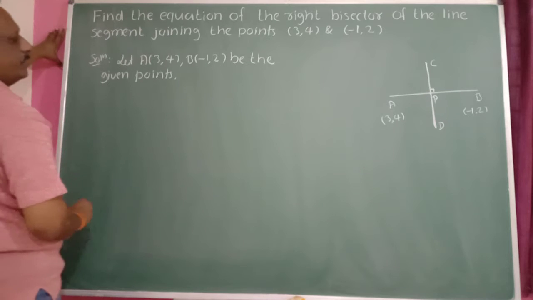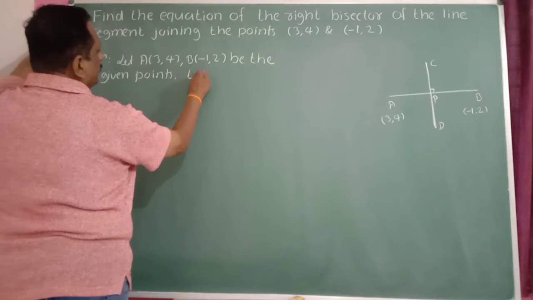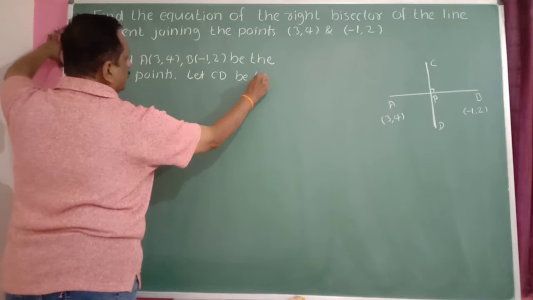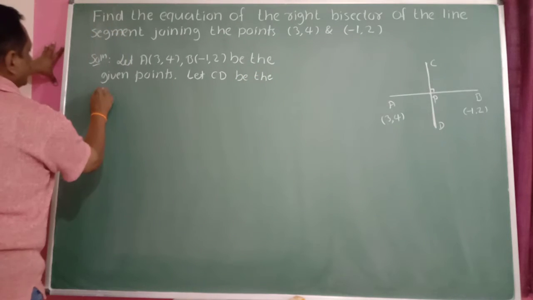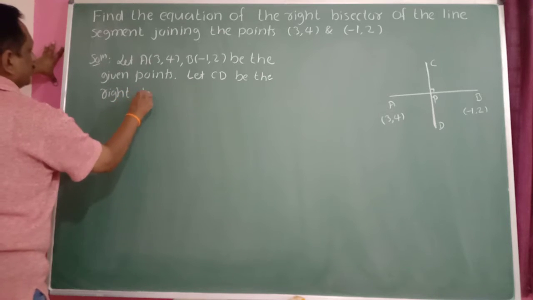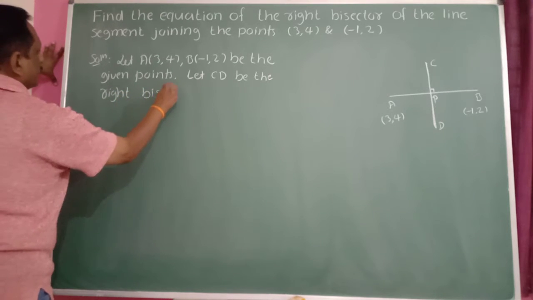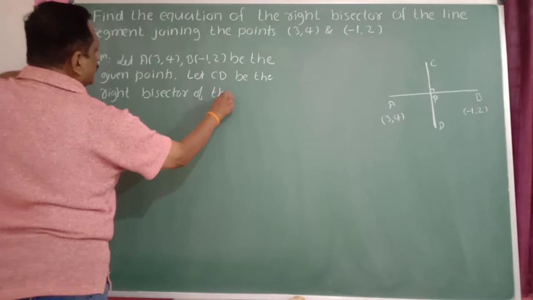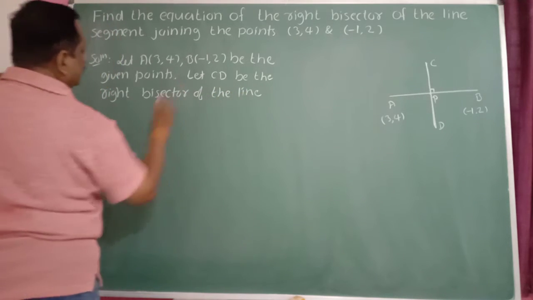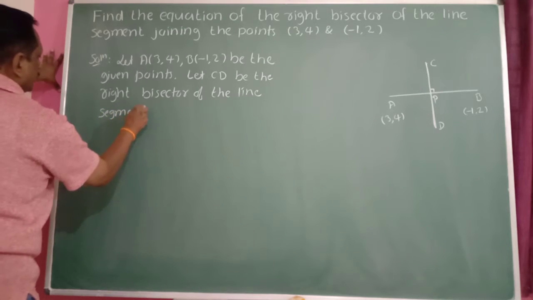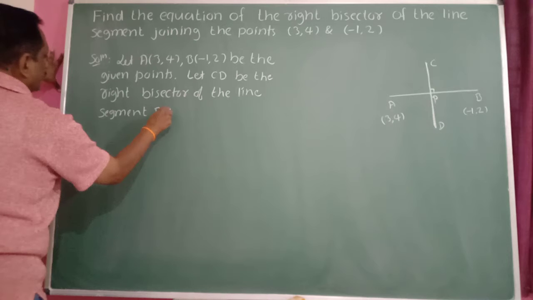Let CD be the right bisector of the line segment AB.